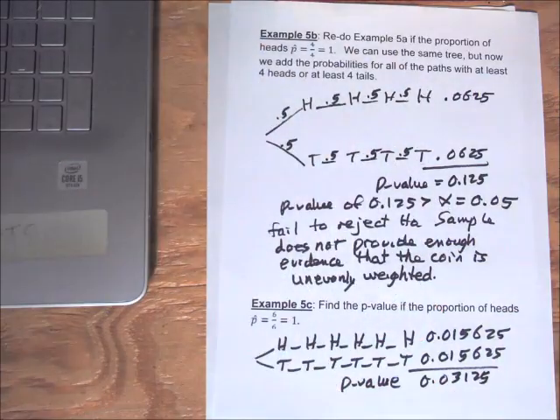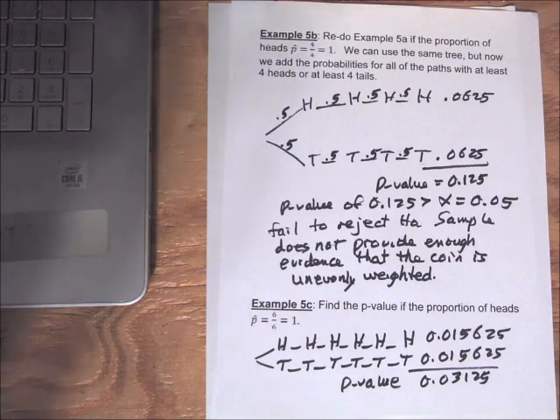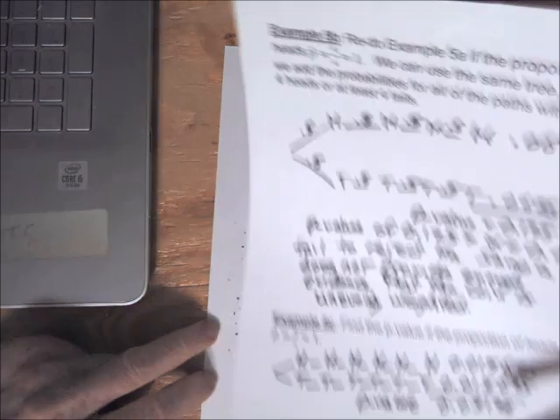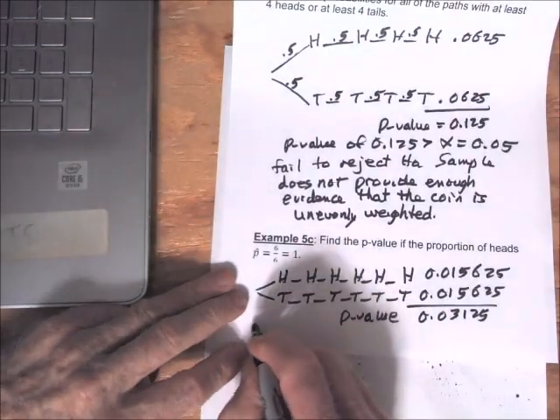Okay, so in this case we would reject H naught. So getting 4 heads in a row is not all that unusual. It's a little bit unusual, but to get 6 heads in a row, if the coin is unevenly weighted, we would reject H naught and conclude that the coin is unevenly weighted.